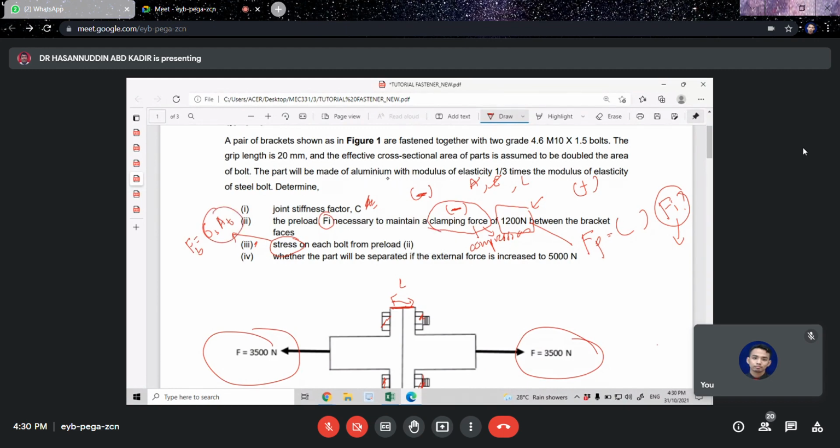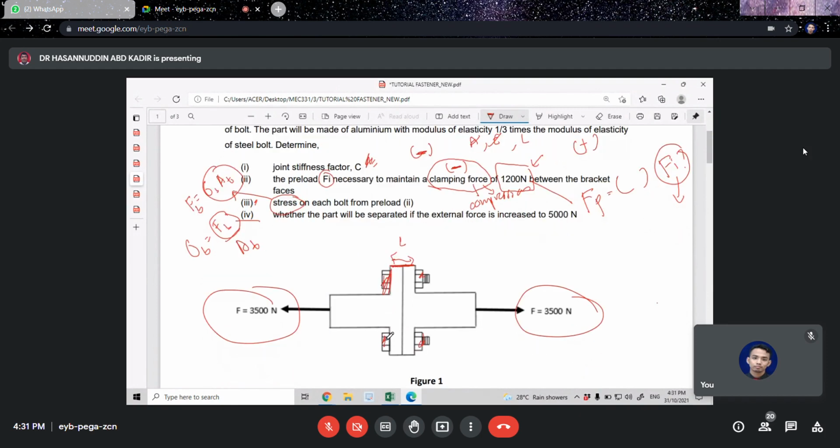Because they ask you to find the stress on the bolt, you need the stress on the bolt equals Fb over At. But the force on the bolt, they already mentioned they have two bolts here, so Fb ni nanti kena divide by 2 lah awal-awal. Kita akan tengok lah nanti macam mana dia divide by 2, because they have two bolts.